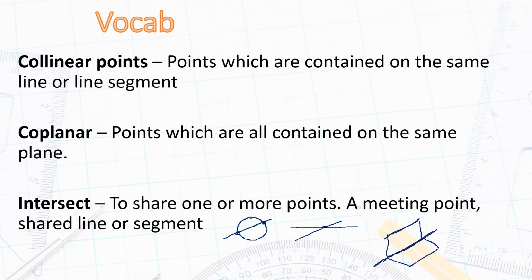So it doesn't have to always be a point, it can be a line as well when two planes meet each other, or like the edge on a shape. If we think of a cube or something like that, cubes have lines of intersection where their faces meet each other, and we call those edges. So the edge on a shape is a line of intersection between two planes.